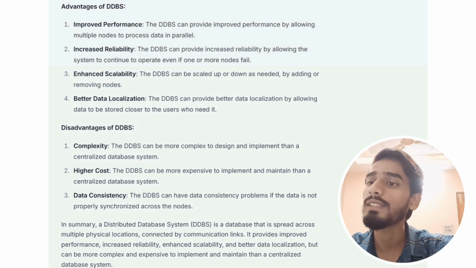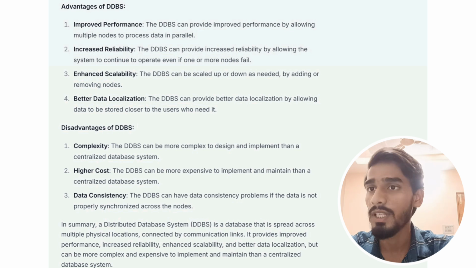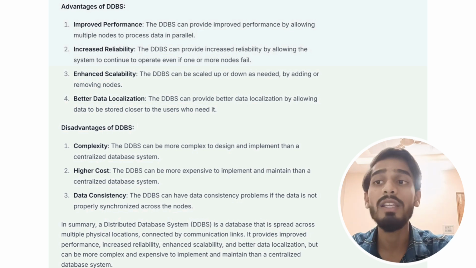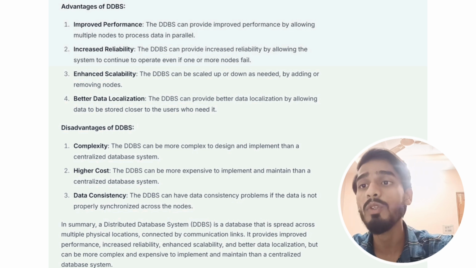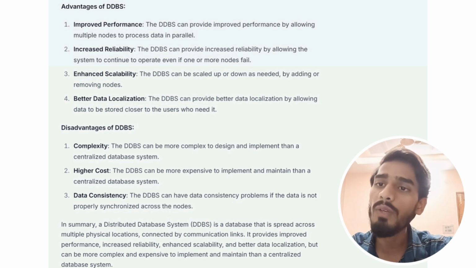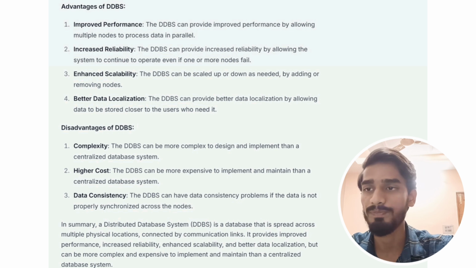Now, let us see some advantages of distributed database system. Improved performance. The distributed database system can provide improved performance by allowing multiple nodes to process data in parallel. Increased reliability. The distributed database system can provide increased reliability by allowing the system to continue to operate even if one or more nodes fail.